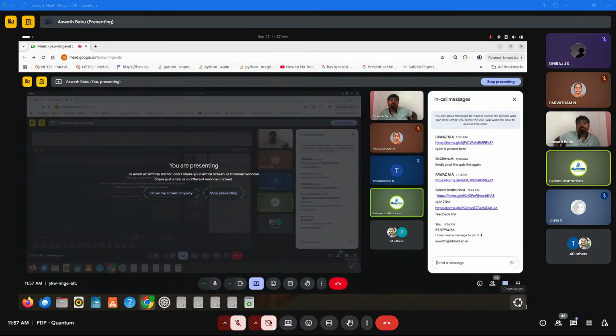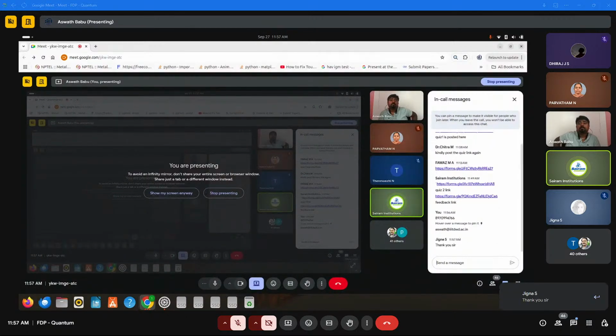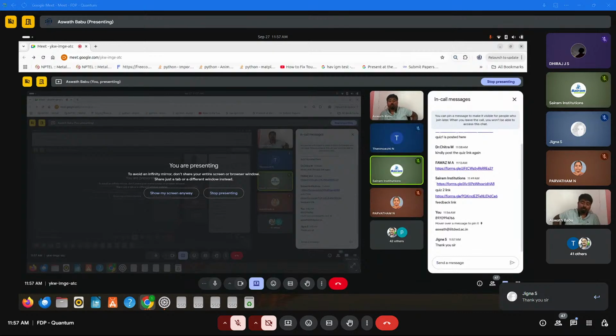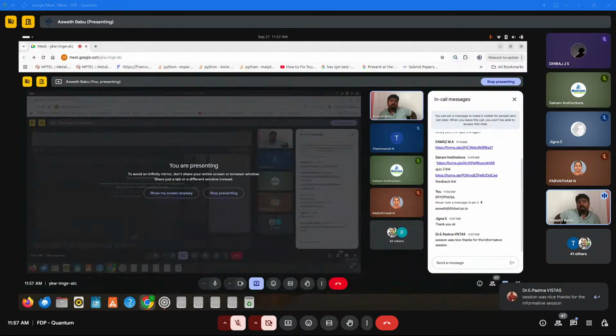Sir, which area in quantum computing research is going on nowadays? Oh, very good question, madam. Thank you for asking. Whenever a new technology comes up, people always ask what is there for us from it, because we are happy with the existing machine learning and classical computing. Why do I need to go there?